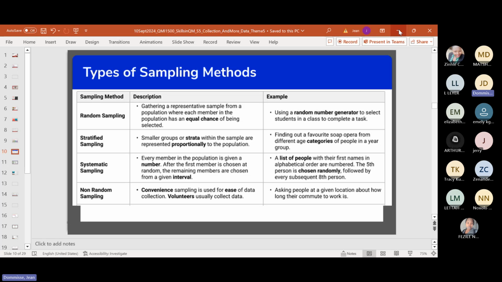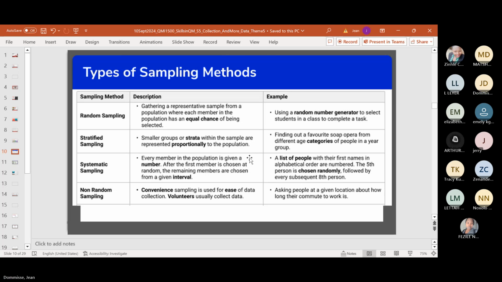That is systematic sampling, and non-random sampling can be as easy as me asking every one of you to complete something, and saying that is representative of something.